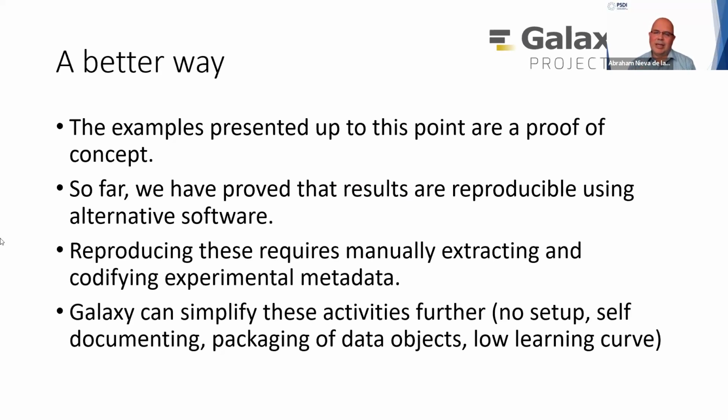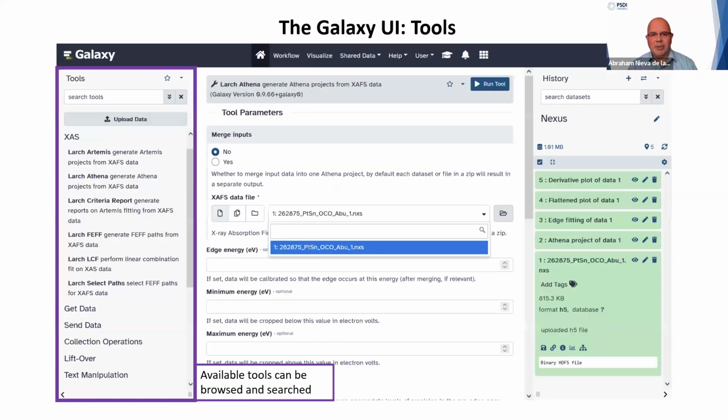And we're still thinking, as part of the PSDI project, that there is yet a better way. So the Galaxy project aims to create these tools which can facilitate automating even more. In this case, we are creating a collection of Galaxy components that can be called from a simple interface. This is an example of the interface we are creating. On the left-hand side, you see all the tools which have the names of the processes that we want to perform.